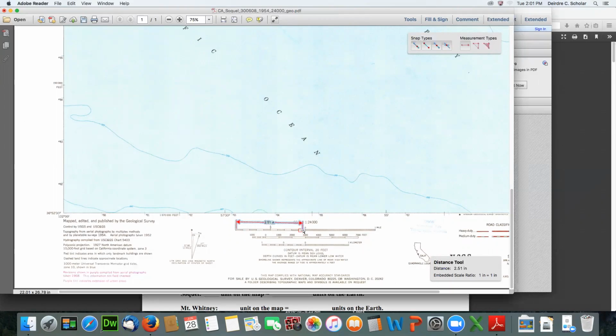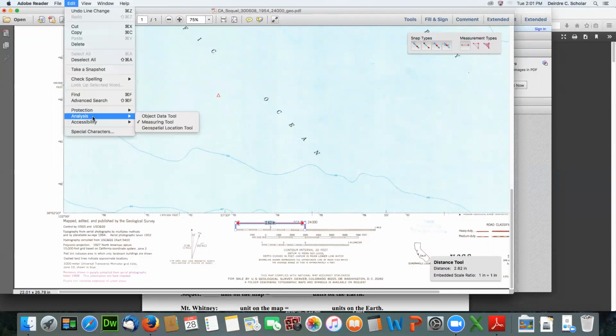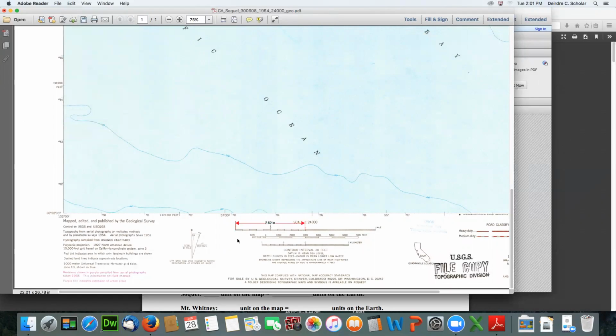We want to get it as exact as we can, and it looks like it's very, very close. So it's 2.62 inches is what I'm getting on this map. Again, we can get out of the measuring tool by just selecting that.